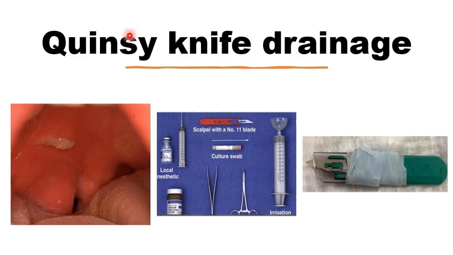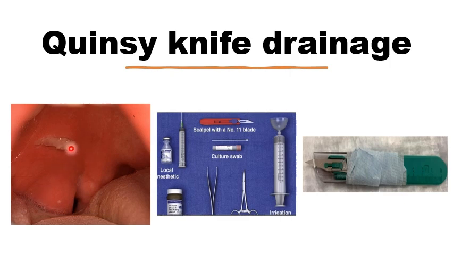The procedure for a Quinsy knife drainage should start with infiltration by a local anesthetic rather than just spraying the local anesthetic. This gives far superior pain control. The site of the incision should not be higher than the base of the uvula in the upper part of the peritonsillar space, and the incision should not extend beyond the palatoglossus lateral edge.